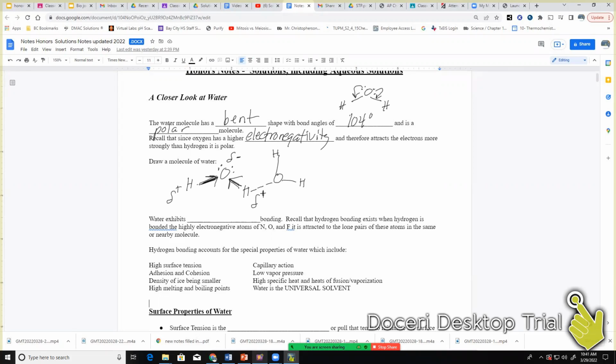Same thing, my next water molecule, if it lines up here, it wouldn't be a hydrogen, because those would both be positive and they would repel. So it would line up once again so the oxygen is facing the hydrogen, and then you would have a hydrogen bond formed between the two.